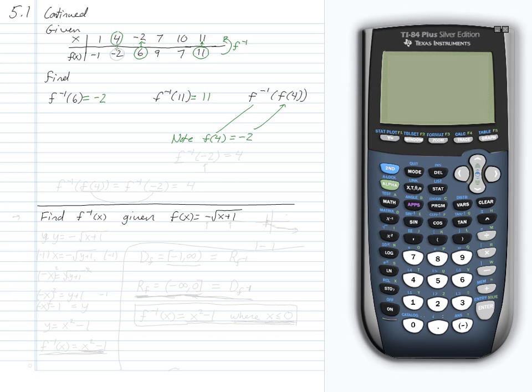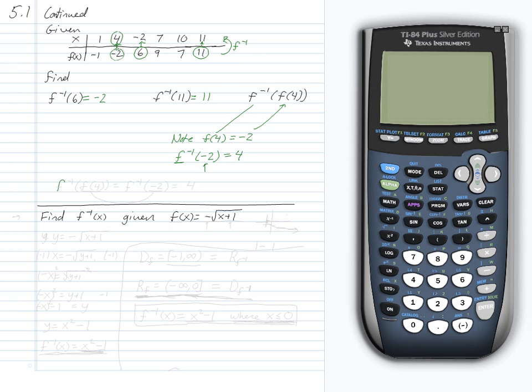So we'll plug that in, and what we're actually trying to find is f inverse of negative 2. In that case, this is sort of like a y value, an output, but we're going to use it as an input into the inverse. Negative 2 goes back to 4.